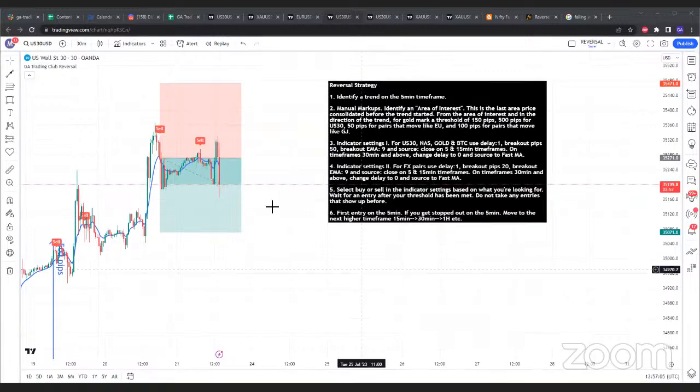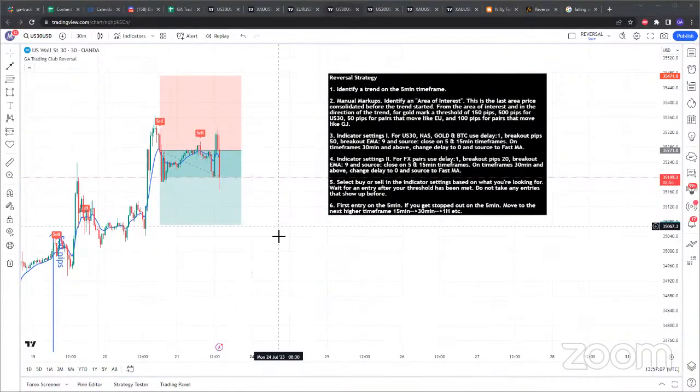So we have about 3 minutes before this 30-minute candle closes, and also before we get another hourly candle.